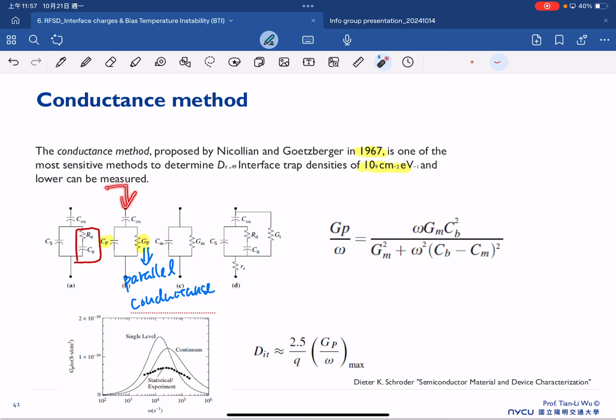So the information you will measure is a total capacitance versus a total conductance. That's all. So this is a real measurement result.